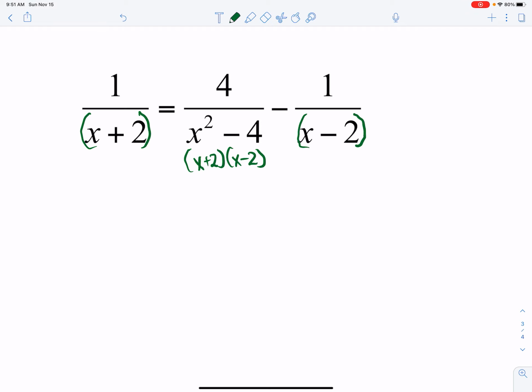All right. So now we can see that the common denominator we need to multiply by to get rid of the fractions is x plus 2 times x minus 2. So we're going to multiply that by every term.